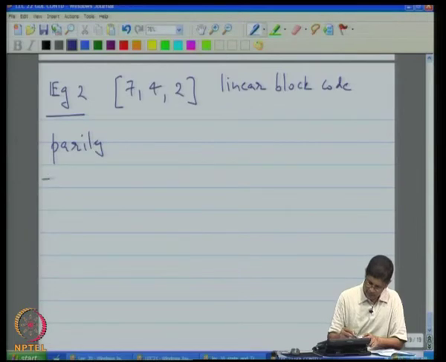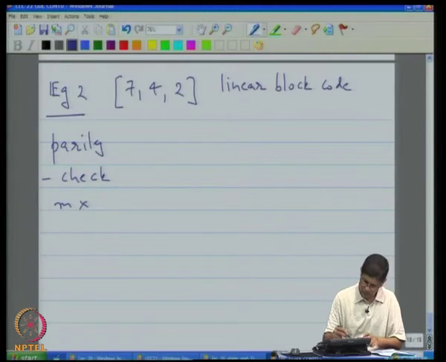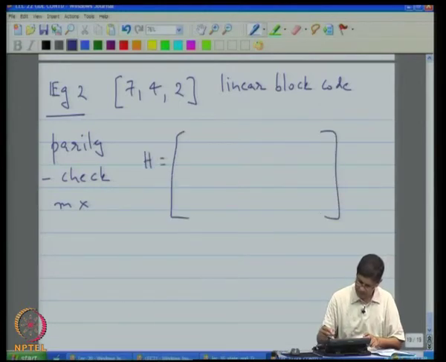The parity check matrix H of this code is given like this.